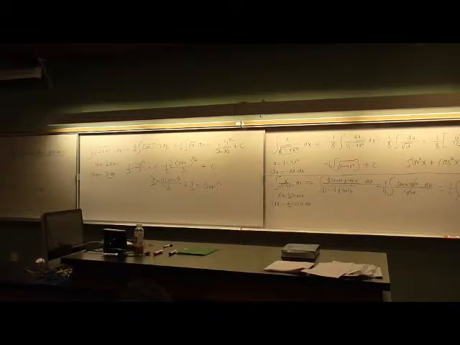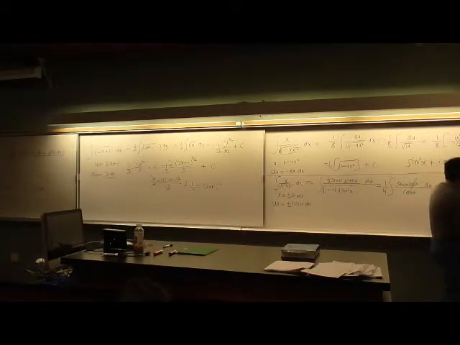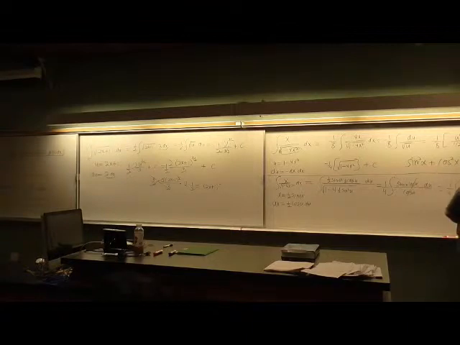And now we find the square root of both sides. Well, this is just 1 minus sine squared, which is cosine squared of u, so the square root is just cosine of u, and that's equal to the square root of 1 minus 4x squared. So now I can substitute that back in here. I get negative the square root of 1 minus 4x squared over 4 plus a constant.